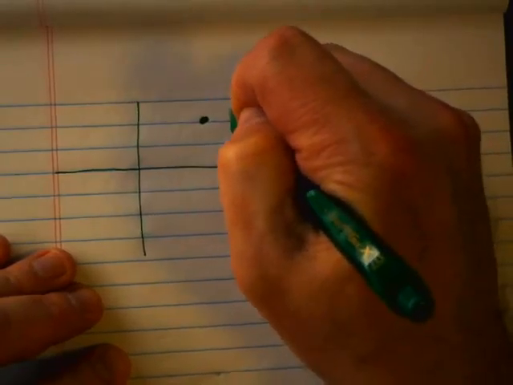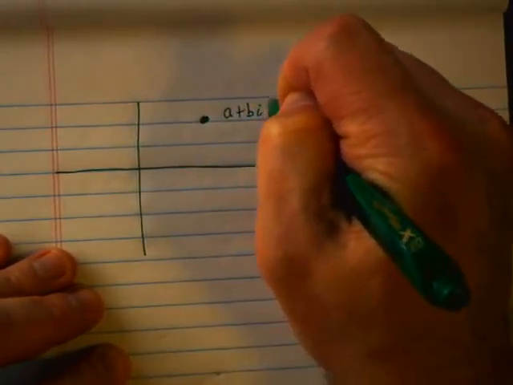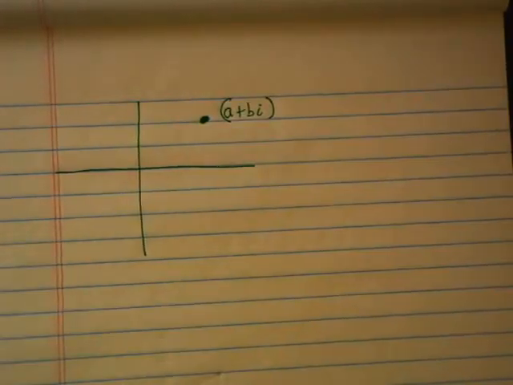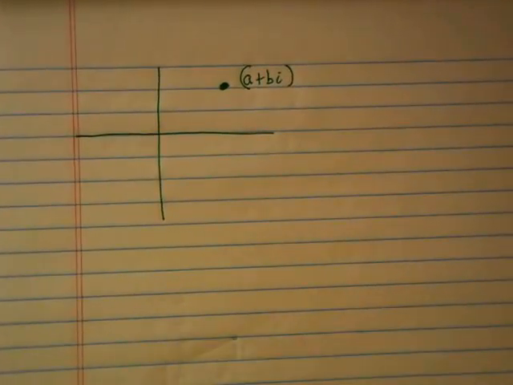Now we're ready for some trigonometry. That right there, I just drew that point. That's the point a plus bi.